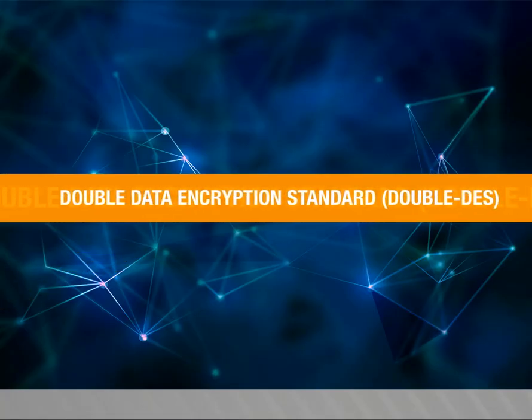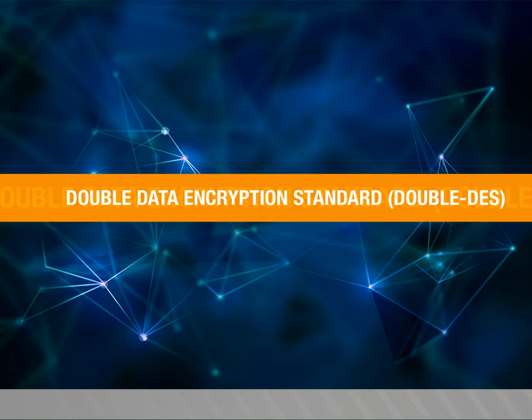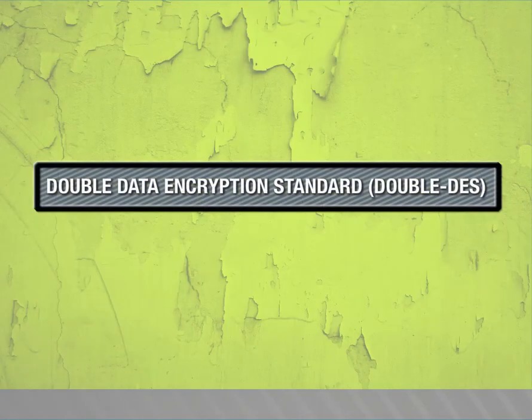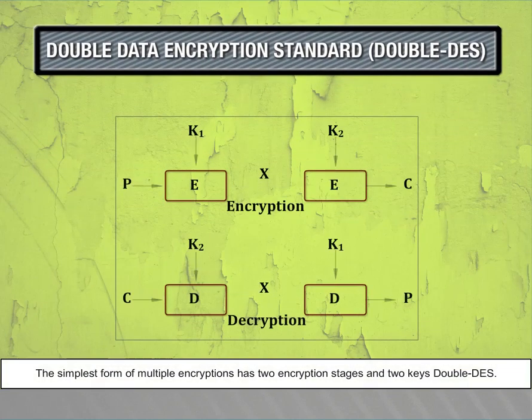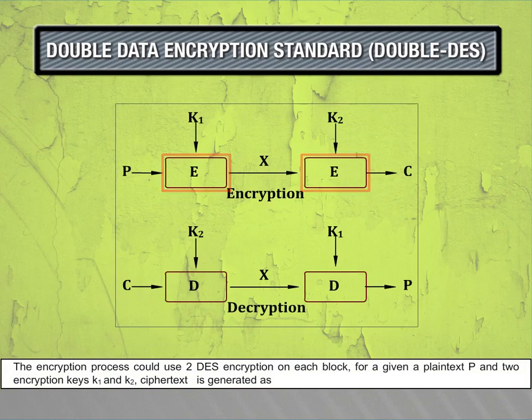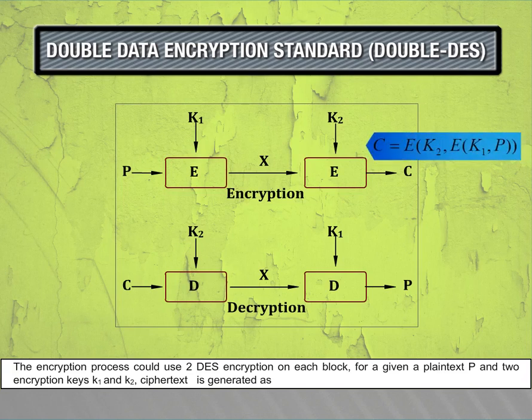Double Data Encryption Standard, double DES. In this video, we are going to see about double DES. The simplest form of multiple encryption has 2 encryption stages and 2 keys. The encryption process could use 2 DES encryptions on each block: for a given plaintext P and 2 encryption keys K1 and K2, ciphertext C is generated as C = E(K2, E(K1, P)).